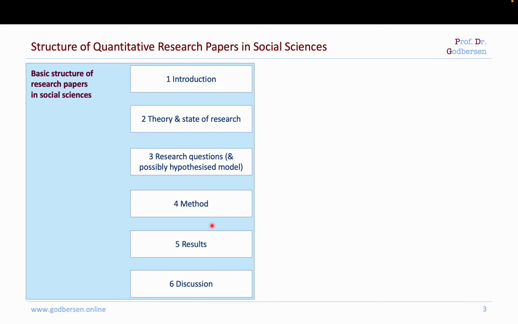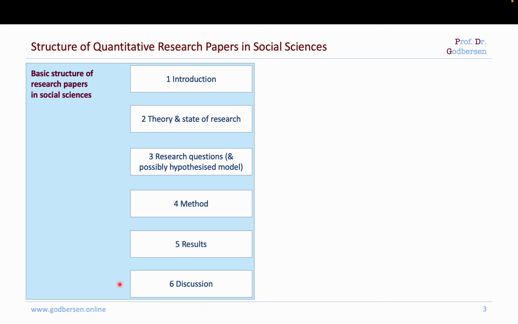But with everything in the direction of applied and empirical sciences within the realm of social sciences, you will have this structure. You have 6 sections: introduction, theory, research questions, methods, results, and discussion.